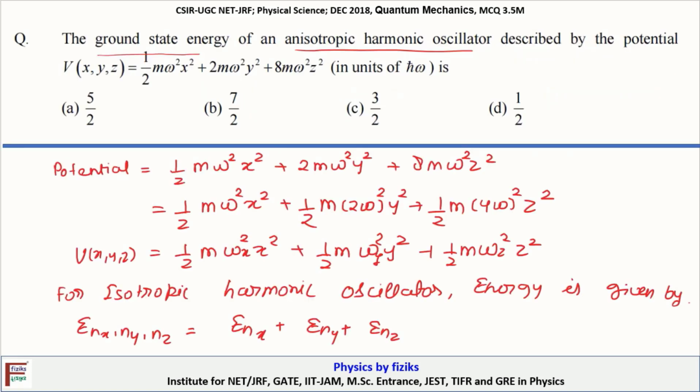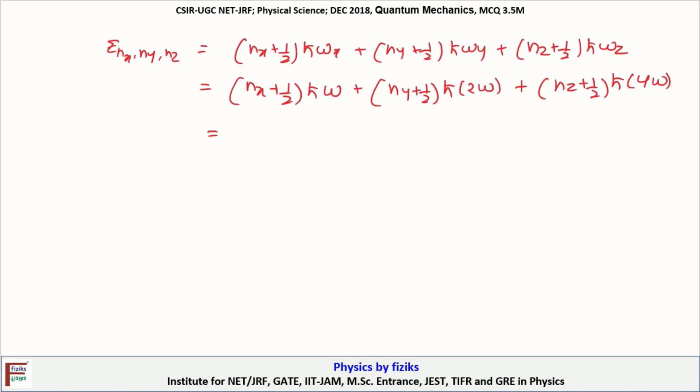We can check it out here. So omega x is equal to omega, omega y is equal to 2 omega and omega z is equal to 4 omega. So that means (nx plus half) h cross omega plus (2 ny plus 1) h cross omega plus (4 nz plus 2) h cross omega.